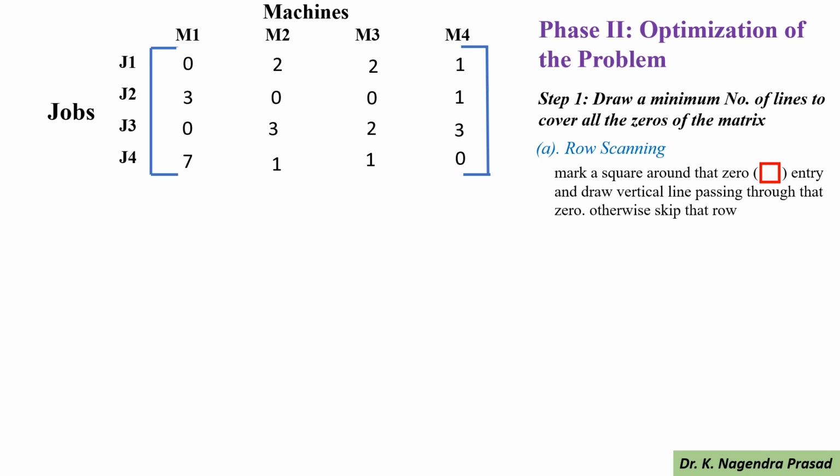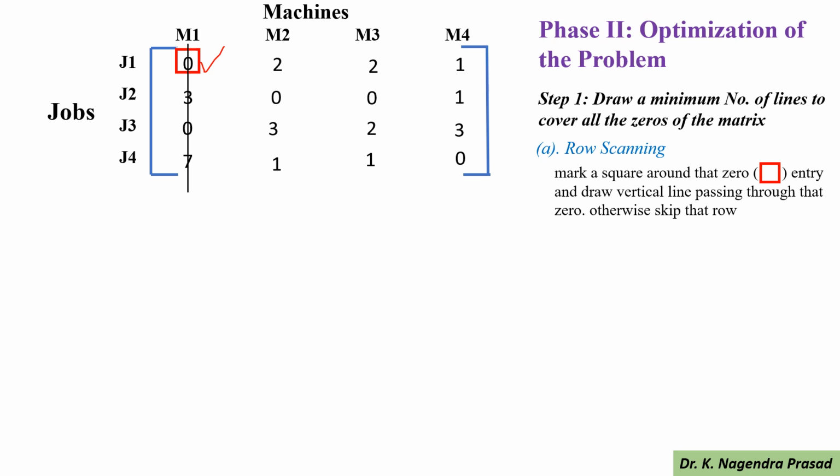Observe if there is exactly 1 zero, then mark a square around the zero and draw a vertical line passing through that zero, otherwise skip the row. Here, in the first row, there is exactly 1 zero. Then mark a square and draw a vertical line passing through that zero.